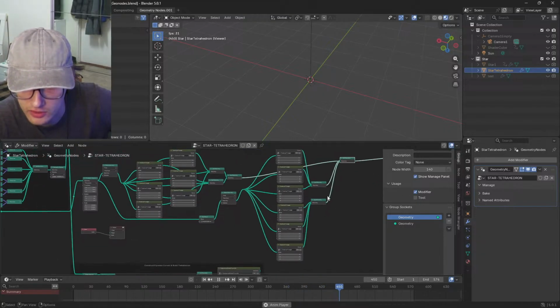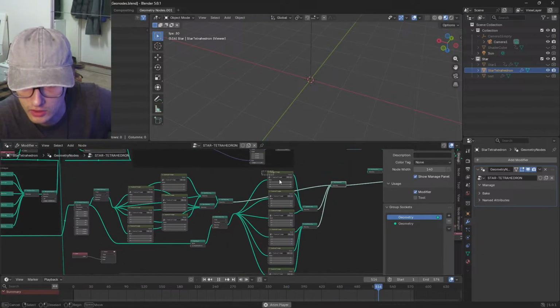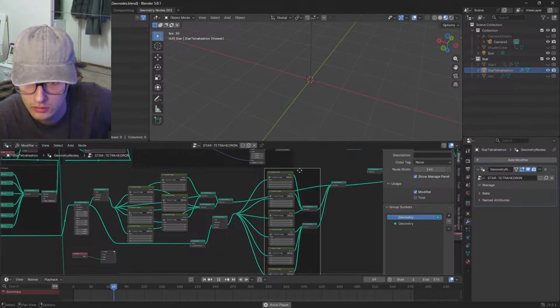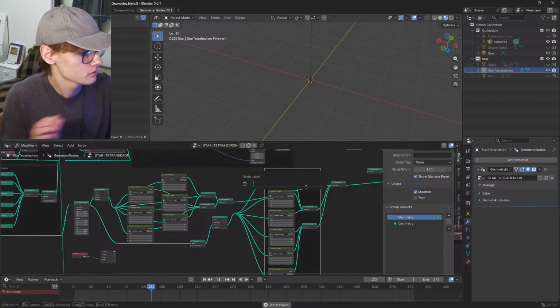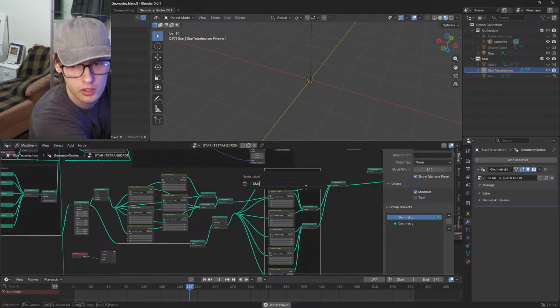I might even put this in a frame and call it like small triangles and big triangles. Small triangles.